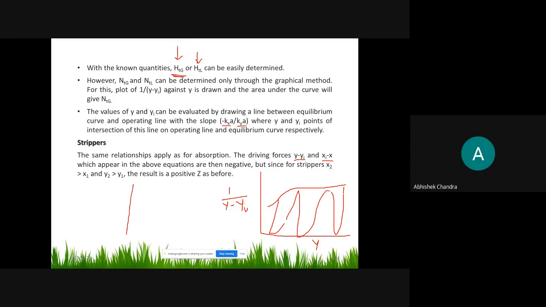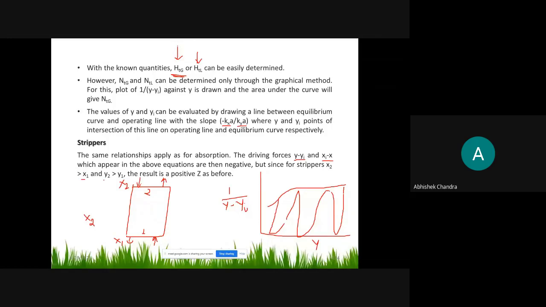X2 is greater than x1 means, look, this is the second point, this is the top so we take x2, and this is the first point as per the notations. So x2, this is the liquid composition, is greater than x1 for the stripper, because in the stripper the solute will transfer from the liquid phase to the gas phase, therefore x2 is greater than x1.